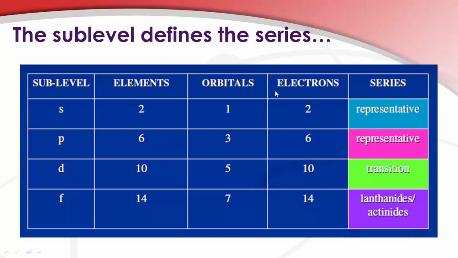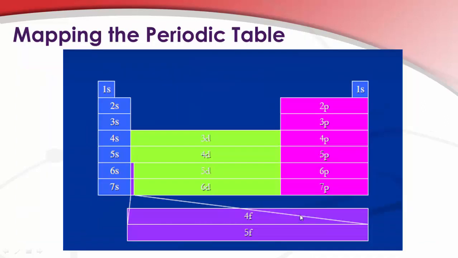So we have an s orbital that we can work with and 2 electrons that need to be placed in there. We have the p orbital and the 6 electrons that need to be placed in there, and so on. And we've discussed this before, but now we can look at the periodic table in a new way. We can see that our alkali metals are over here with the s orbital being filled.